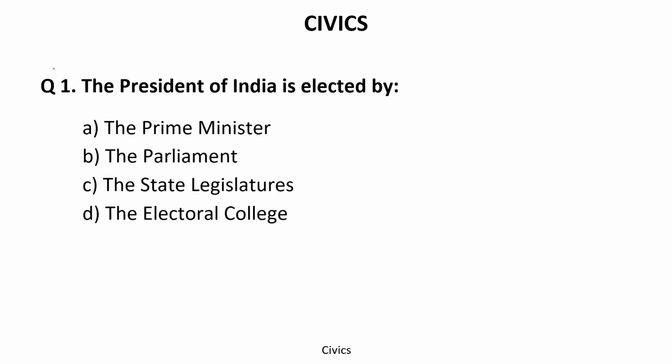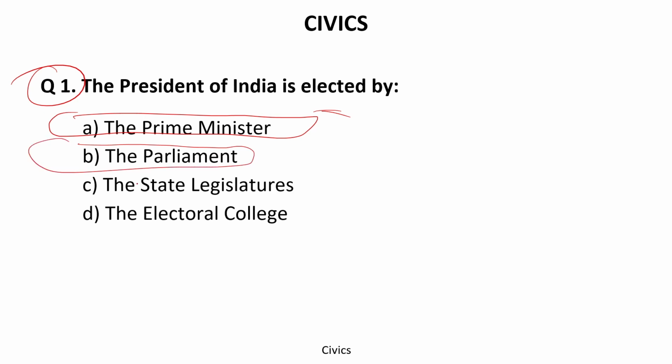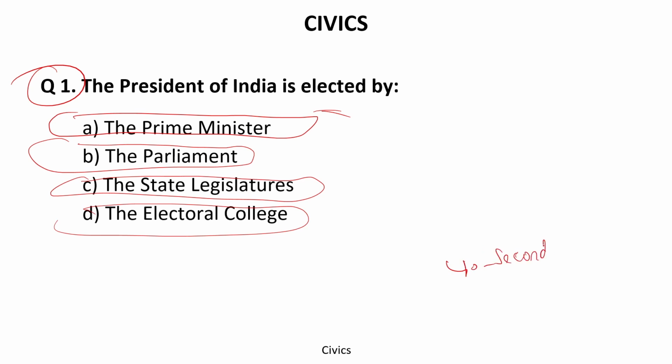Here the first question we have is: the President of India is elected by the Prime Minister, Parliament, State Legislature, or the Electoral College. You have 40 seconds to think and answer. Your time starts now.